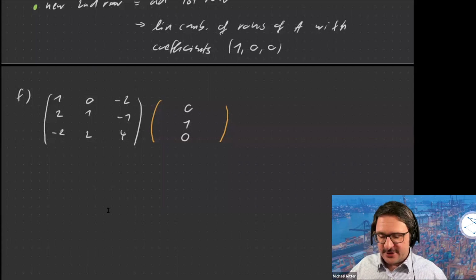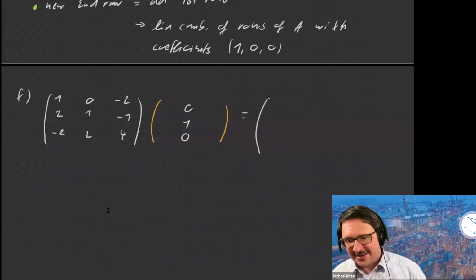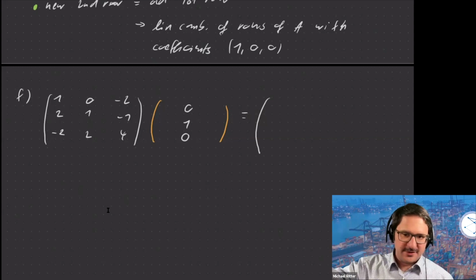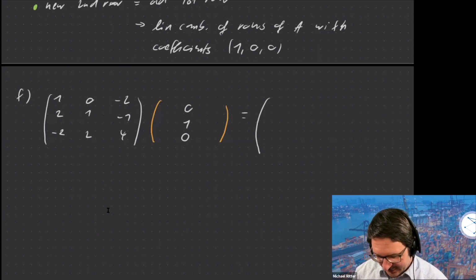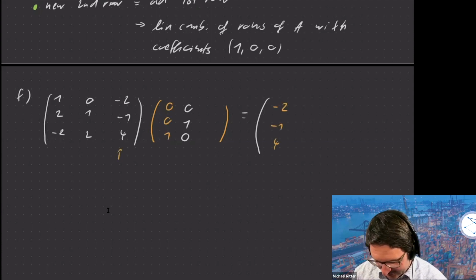And exchanging the first and the third column basically means I replace the first column by a linear combination that takes 0 times the first, 0 times the second, and 1 times the third. So like this here. So this would give me -2, -1, 4.